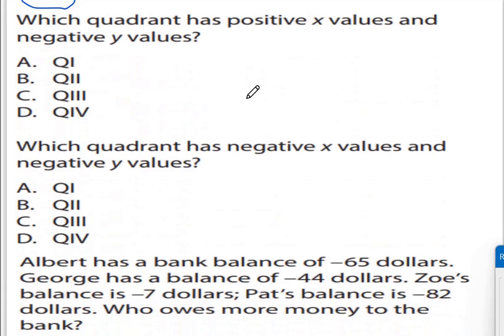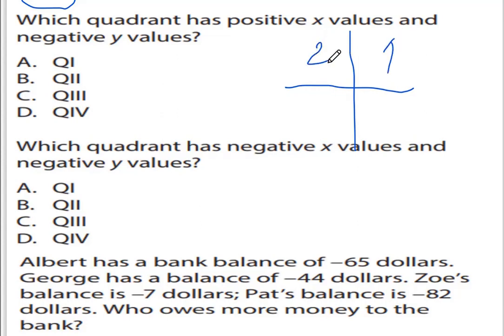Next question. Which quadrant has positive x values and negative y values? In determining the values of x and y in a Cartesian plane, we have four quadrants. This is quadrant 1, quadrant 2, this part is 3, and quadrant 4. The horizontal line in the Cartesian plane is the x-axis, and the vertical line is the y-axis.